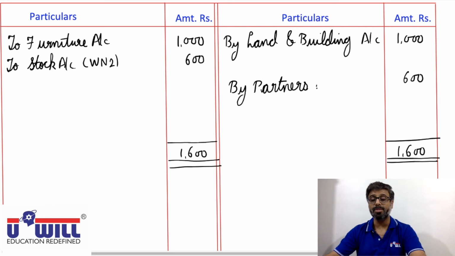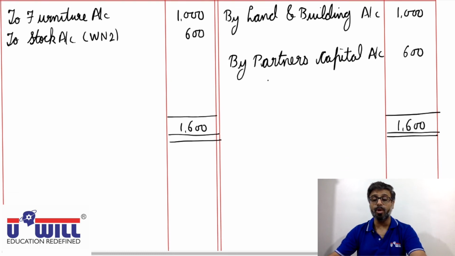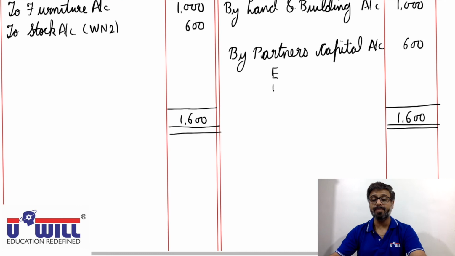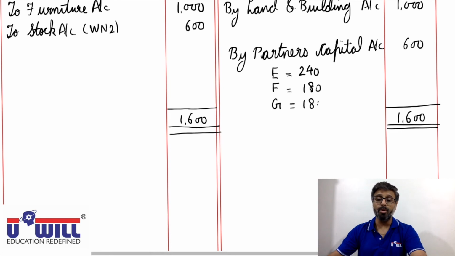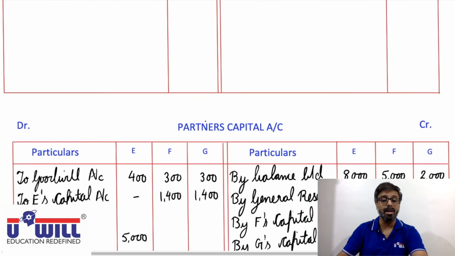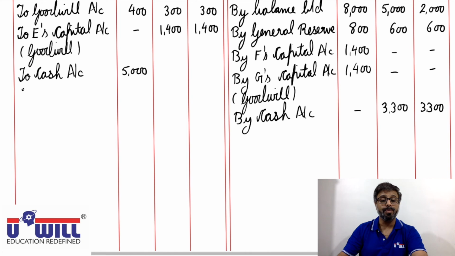We have to distribute it between the partners in old ratio. All the partners E, F, G: 4 is to 3 is to 3. So 4 by 10, 600 into 4 by 10 is 240, 3 by 10 is 180, and again 3 by 10 is 180. Opposite side in partners' capital account, to revaluation account.